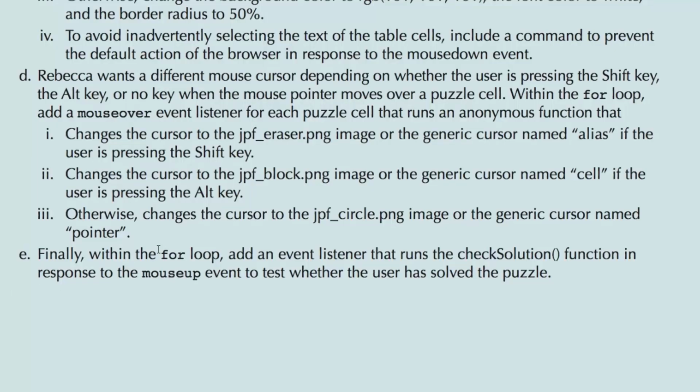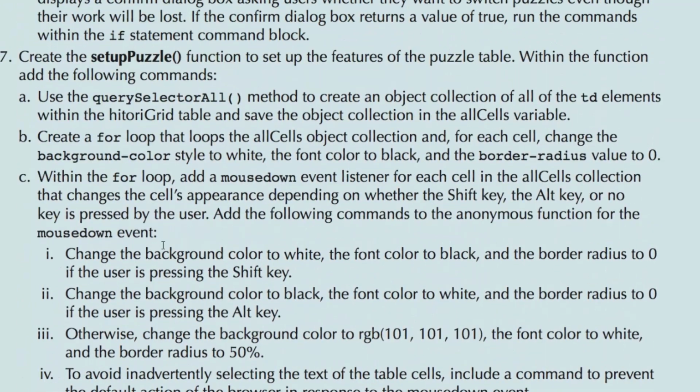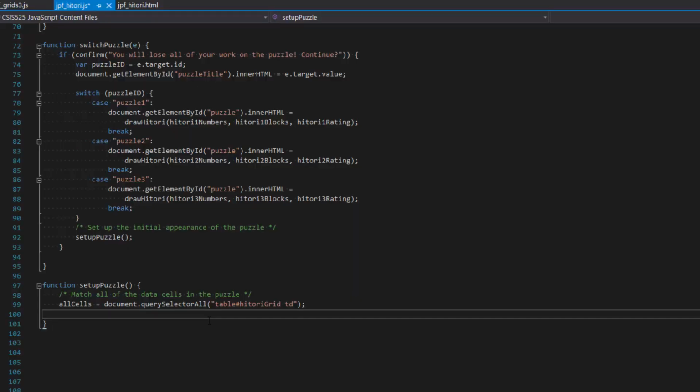Inside of there, we'll do step A, which uses the querySelectorAll method to create an object collection of all of the TD elements within the Hattori grid table and save the object collection in the allCells variable. First we've got a comment, match all of the data cells in the puzzle. Then we're using querySelectorAll because we need a bit more of a sophisticated, complex selector there. If you look at it, it's just like the selectors that you set up in a CSS style sheet.